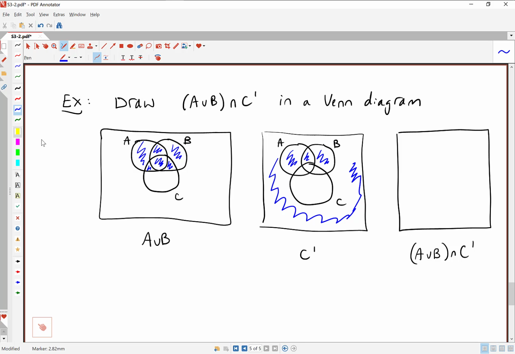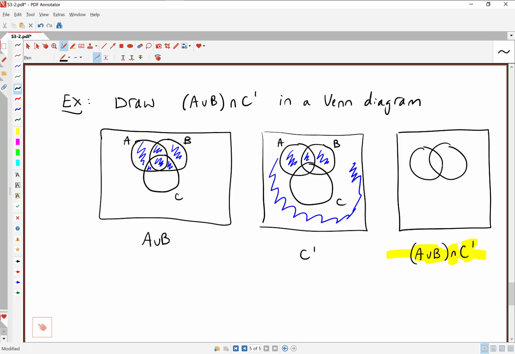Now what we're trying to accomplish is a Venn diagram for this thing here. Well, we've got A union B in our first diagram, and we've got C complement in our second diagram. So now let's look at the operation that we're doing. We're doing the AND operation. So you're looking at your 2 previous diagrams, and you're saying which regions are shaded in the first diagram and in the second diagram.